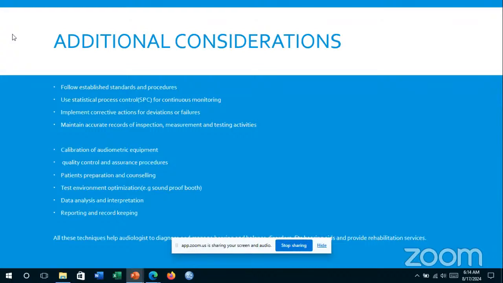So in the aspect of counseling, you have to educate patients about their hearing and balance condition. You have to explain test results and implications to the patient. When you explain to them and they have a better understanding of what happened or what their ear status looks like, it gives them some relief. You have to discuss treatment options and recommendations with them. You have to address patient concerns, because when the patient enters, it should be part of our questions.